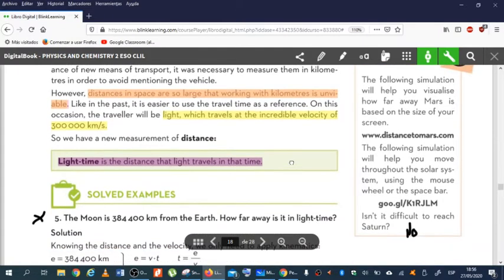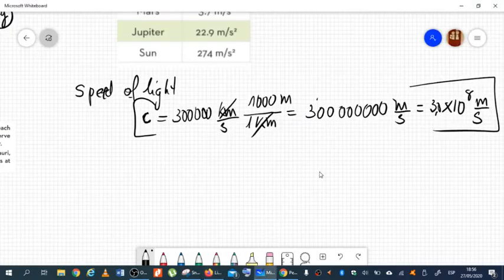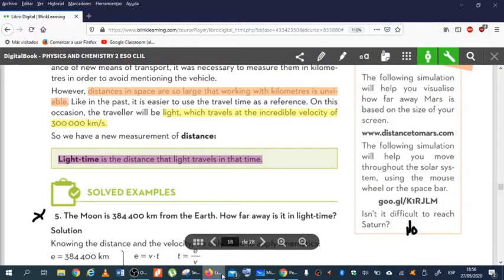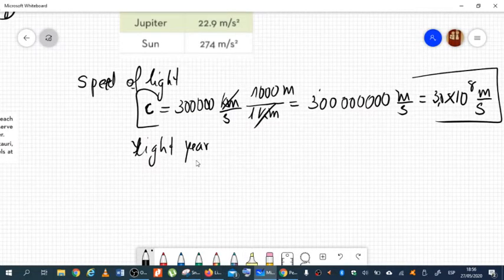So in particular, we use light year. Okay, light year. Do you remember Toy Story? Buzz Lightyear. Okay, so 1 light year is a distance.